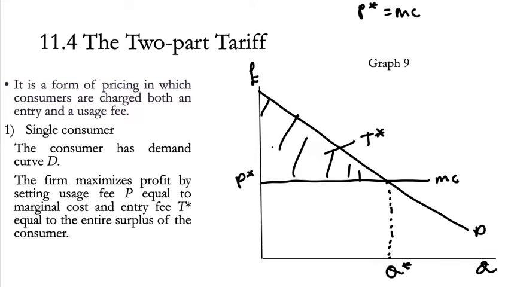So in this case, the management of the Perdana League Club can charge very low usage fee, but how do they make profit? They charge very, very high for the membership fee, isn't it? So that's why you can see they capture the whole consumer surplus of each member by charging entry fee T star equivalent to the consumer surplus. Okay, so this is an example of single consumer.